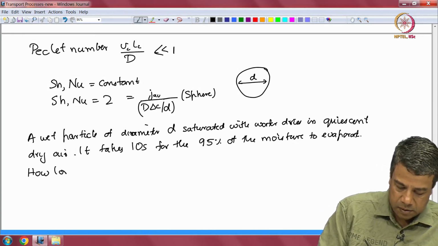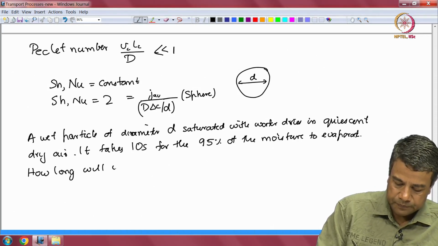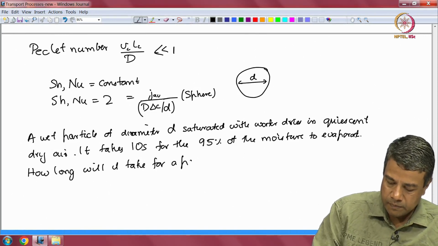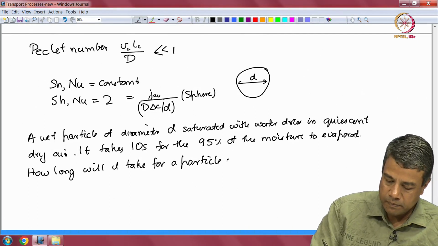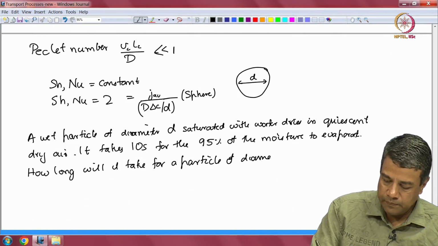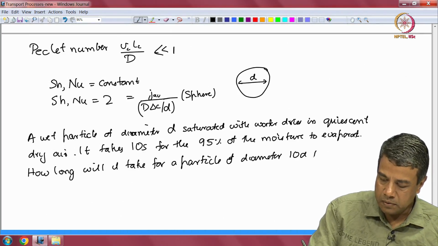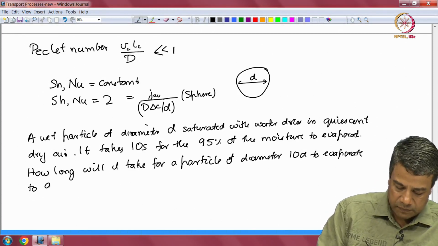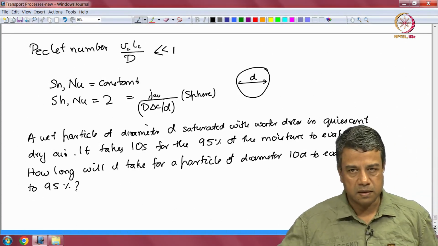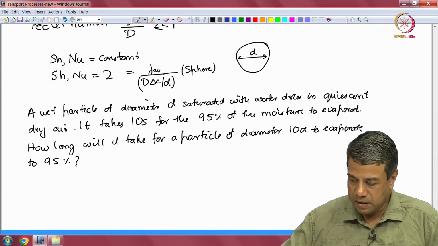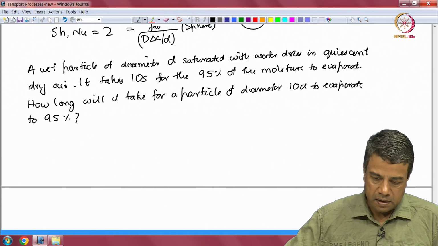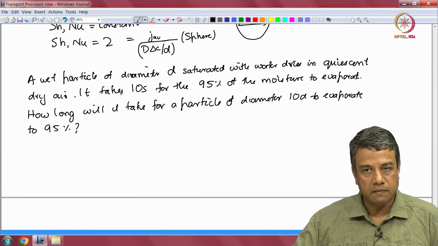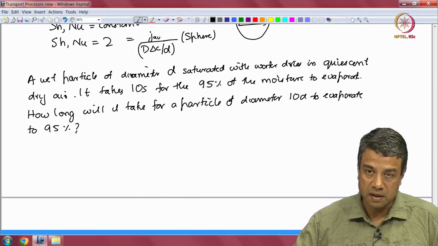How long will a particle of diameter 10 d take to evaporate to 95%? So, that is the question. A wet particle of diameter d dries to the extent of 95% in 10 seconds. How long will it take for a particle of diameter 10 d under the same conditions to dry to 95%?